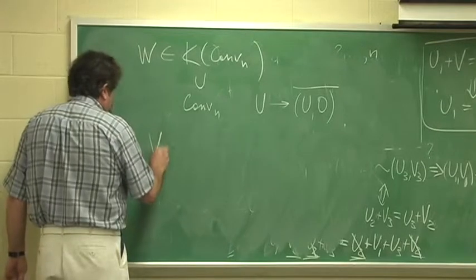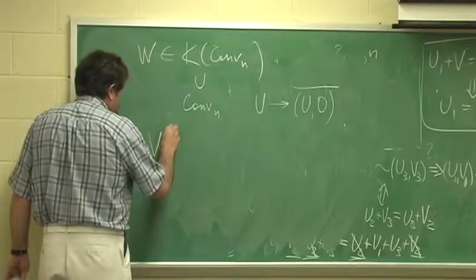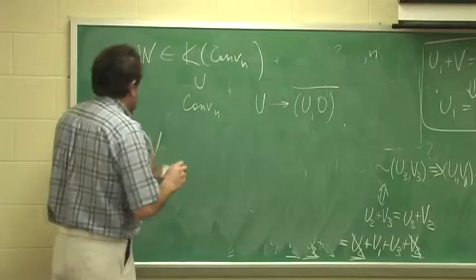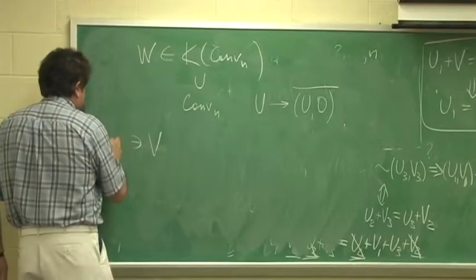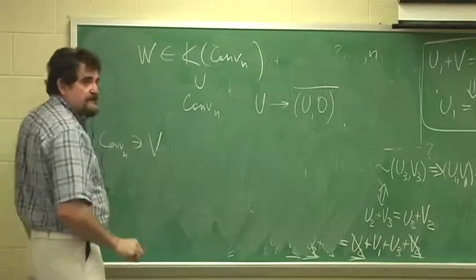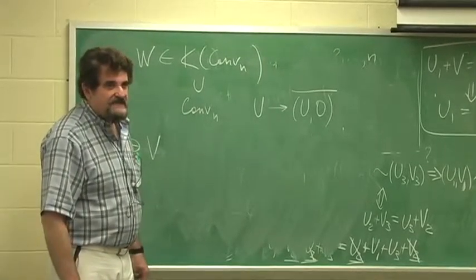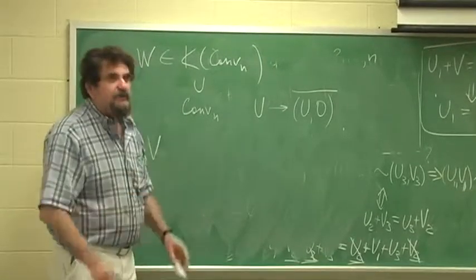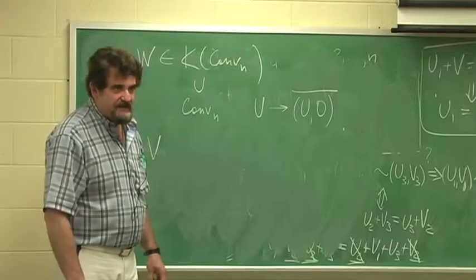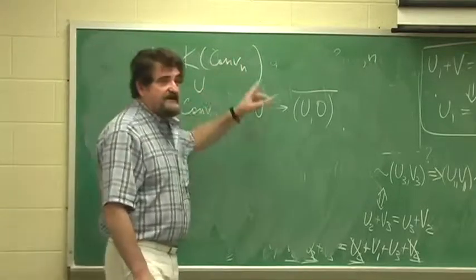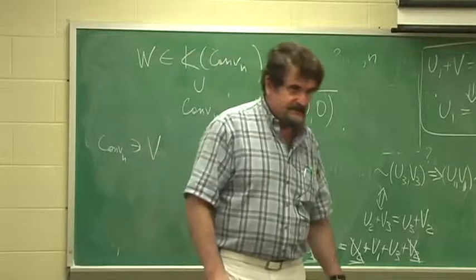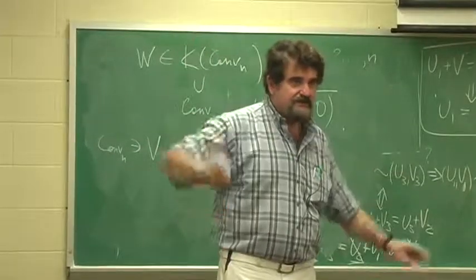Okay, let V be a convex set. By the way, all convex sets are supposed to be compact. I did not mention that, but conv n consists of compact sets, so they do not extend to infinity.